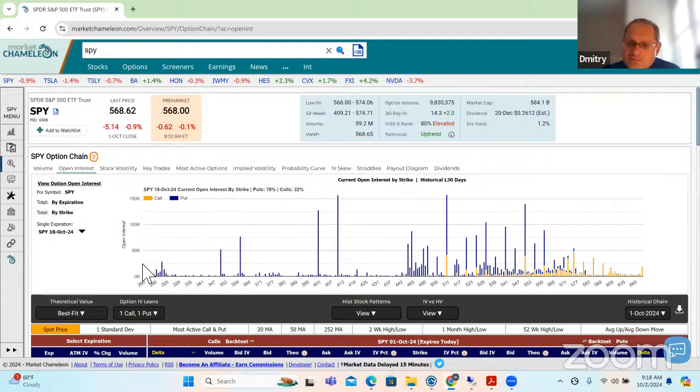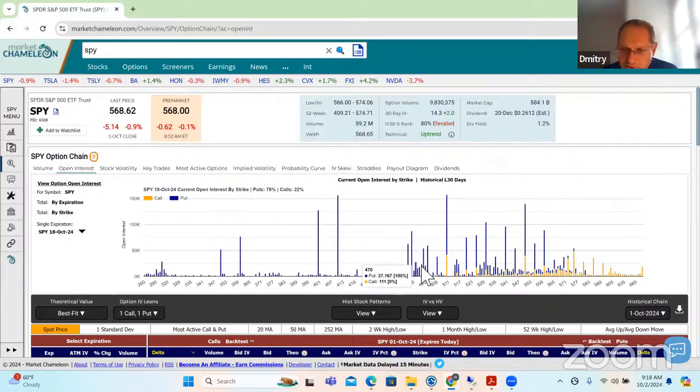Here we see that a couple stick out. Like here's a big one, the 410. So the 410 puts has 156,000 contracts in the open. There's another big one, 400 put, 127,000.